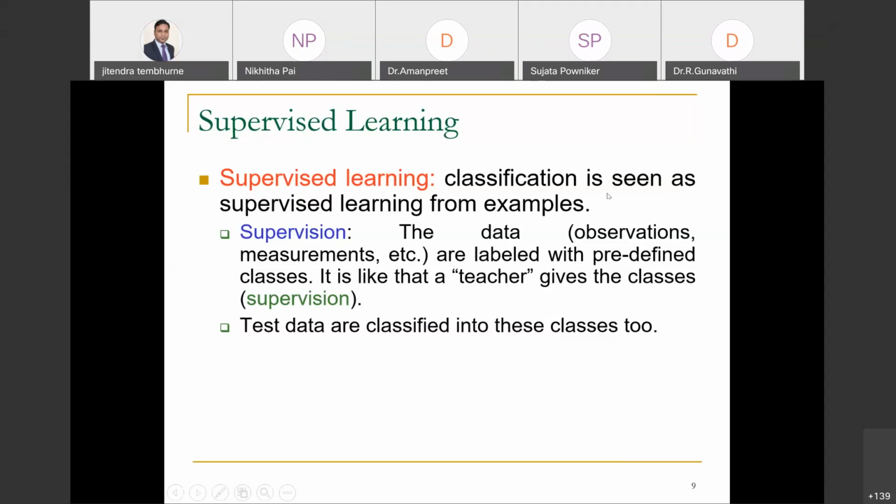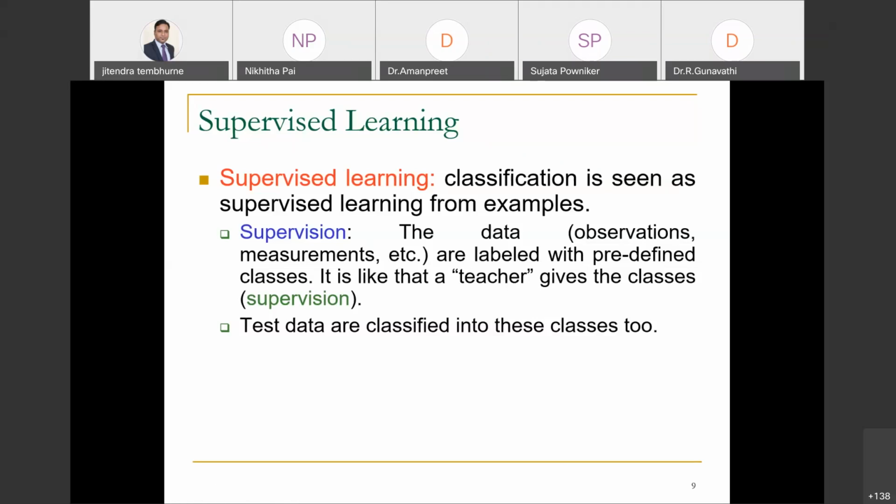Fine. So what supervision is all about is data labeled with predefined classes. That is important whenever you want to do supervised learning. At that time you require data, and that data must be labeled with predefined classes. Classes are already discussed.